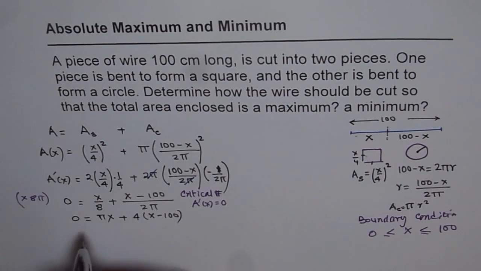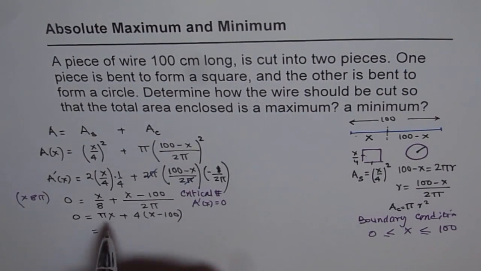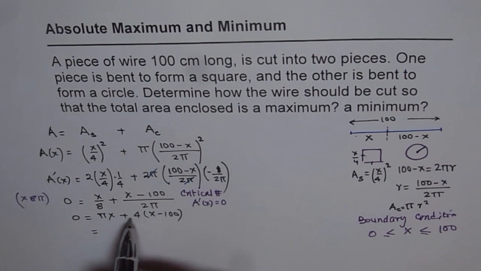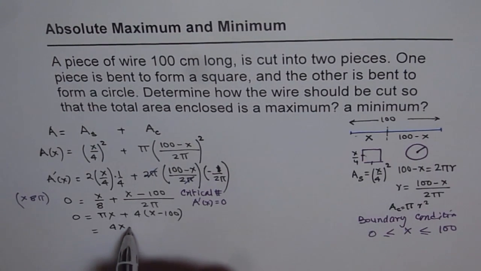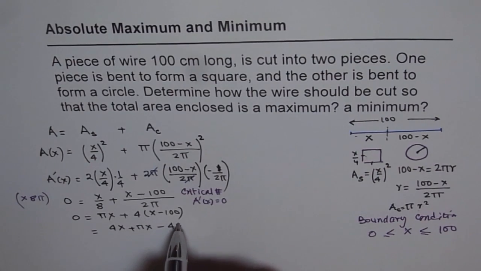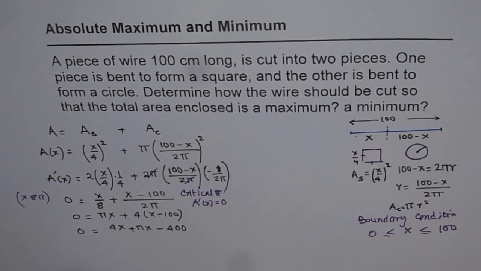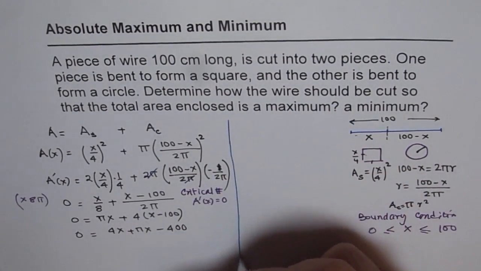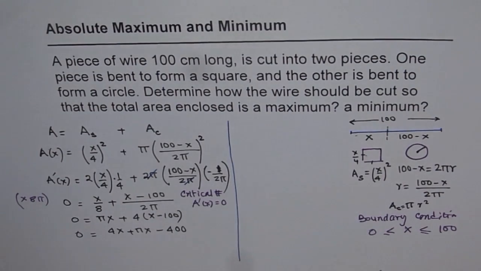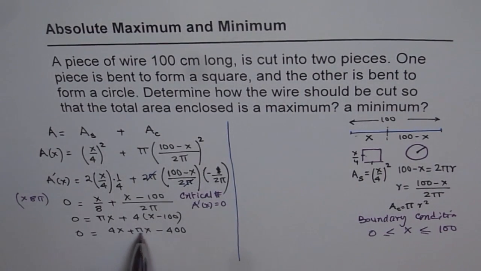And then we multiplied by 8 pi, so we get rid of the denominator at this stage, correct? Now this equation boils down to pi x plus 4x. So we got the x terms, which we can write as 4x plus pi x. And let's open this up, minus 400. So that is the equation equal to 0, right? And now we'll try to solve this equation to find the critical points. When we solve this equation, we can take x common, right?